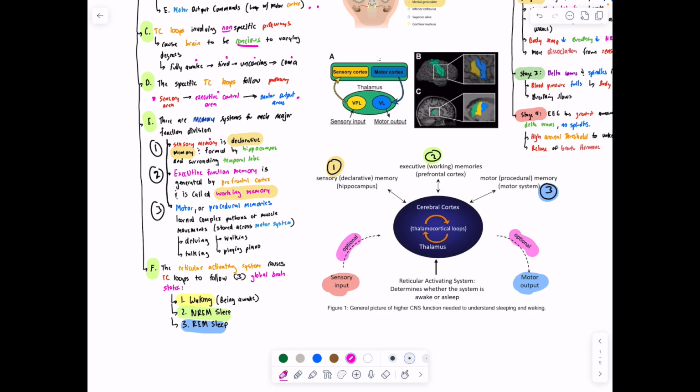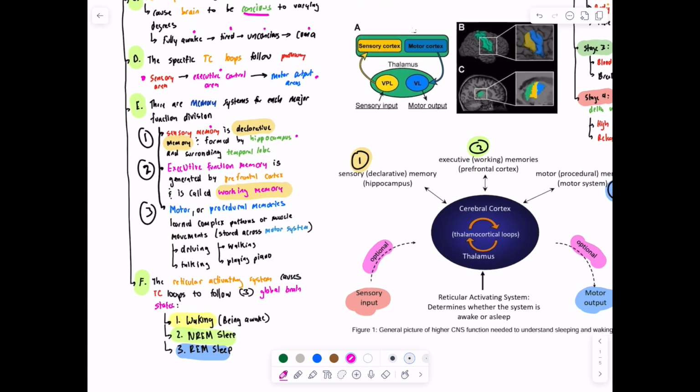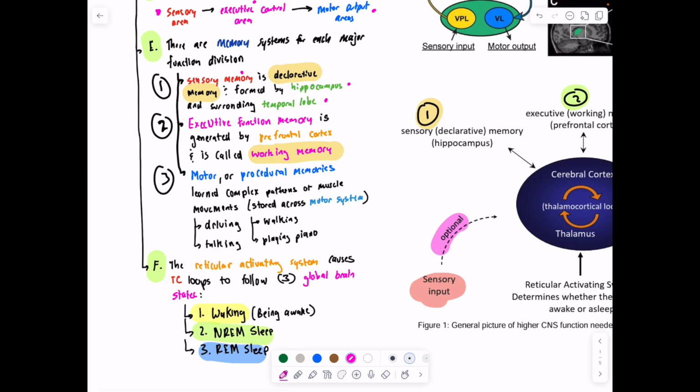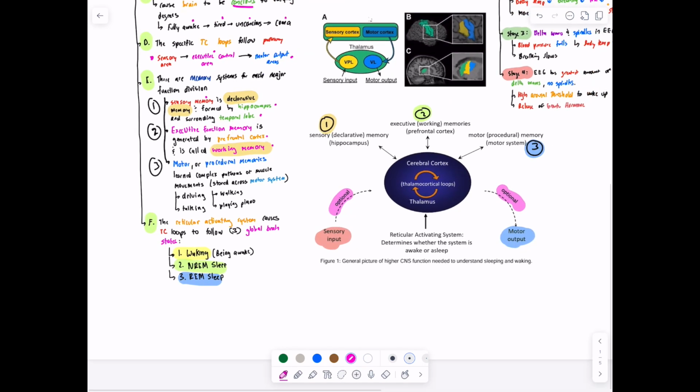The sensory memory is declarative memory, that's fact or event-based, formed in the hippocampus surrounding the temporal lobe. Then you have executive function memory, which is generated by the prefrontal cortex, and it's called working memory. And finally, motor or procedural memories are learned complex patterns of muscle movements, stored across the motor system, but think talking, driving, moving, etc.